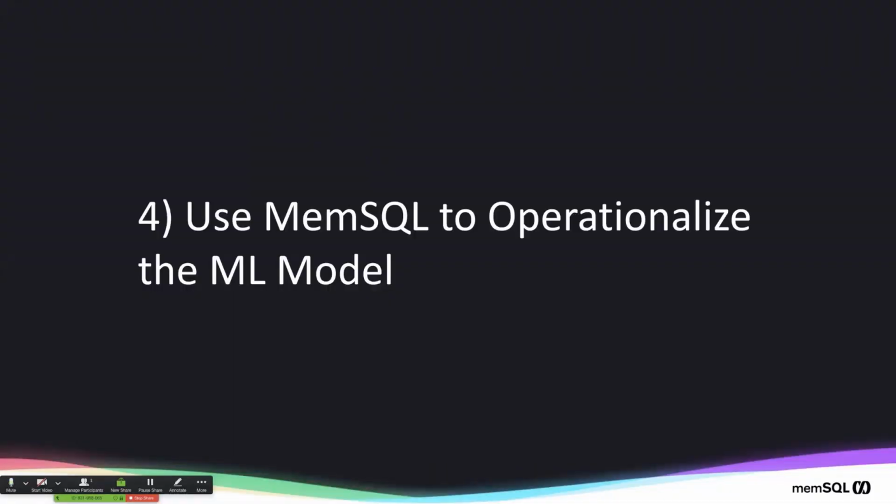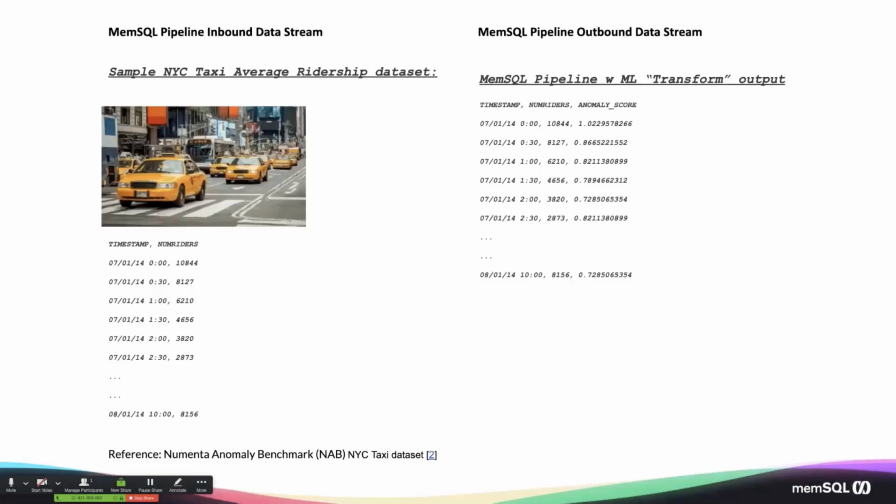Now that we have our random cut forest model deployed, we want to use it to score each event as it's streamed in real time into MemSQL. So let's just give you a little bit of background on that. The data set that we're using is the Numenta Anomaly Benchmark NAB New York City Taxi data set.